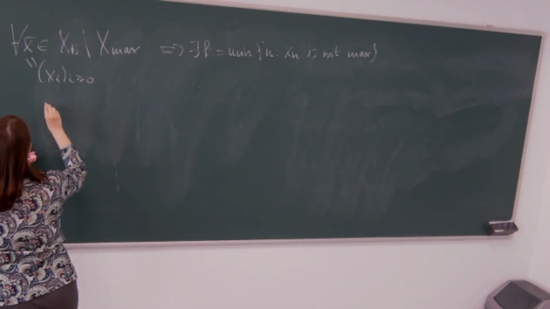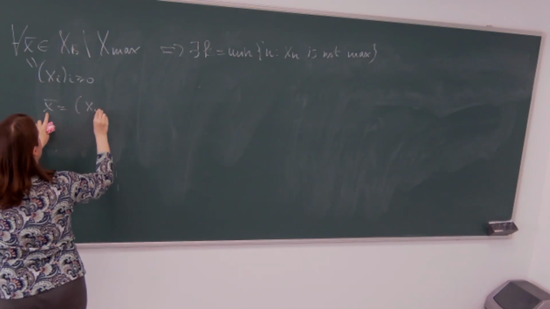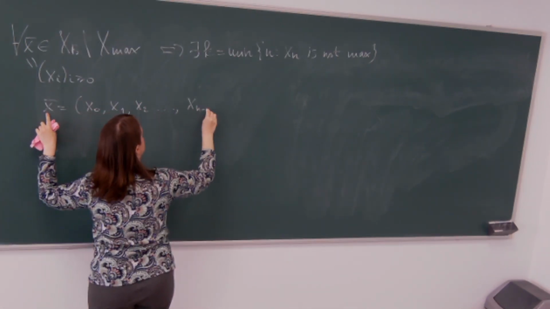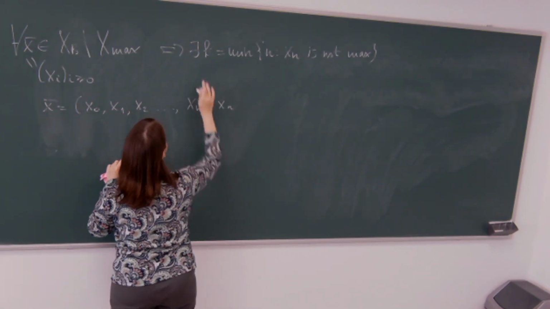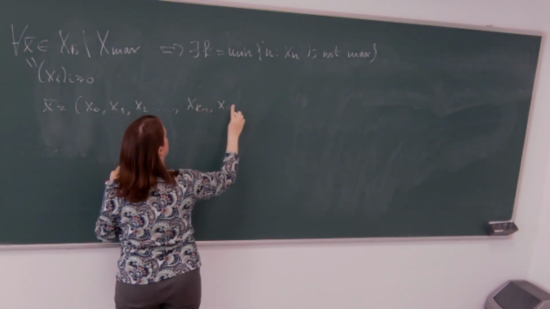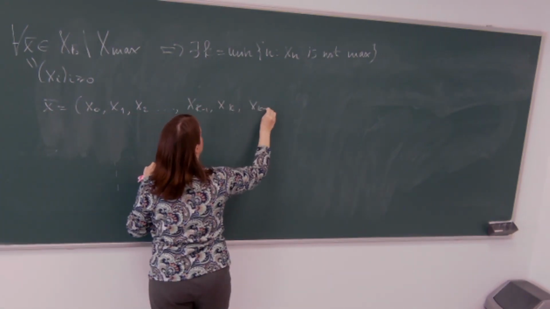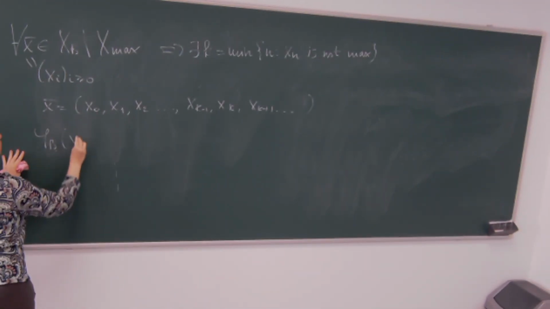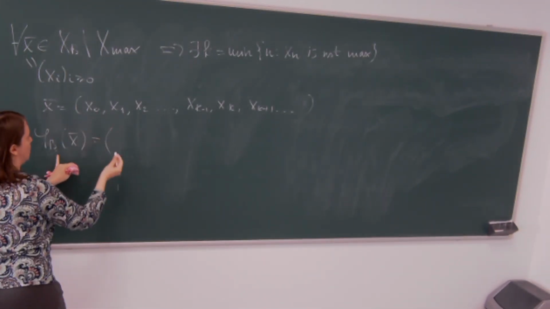So if our x consisted of the following edges, let's say x_k is the first non-maximal edge. We define the image under the Vershik map of x as follows.